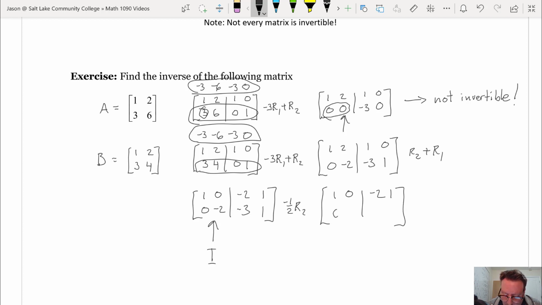Second row becomes 0, 1, 3/2, and negative 1/2. So there we go. Notice I have the identity matrix on the left now, and this will be B inverse, since we called it B.